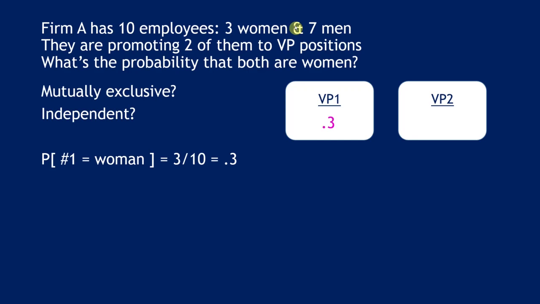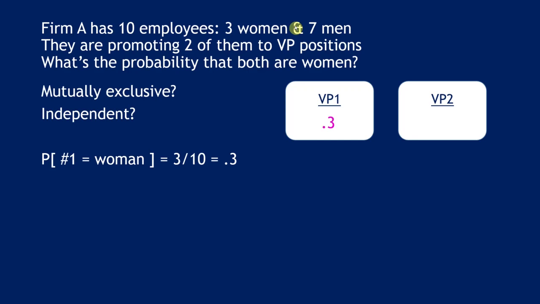However, let's think about the second one. What's the probability that we will get a woman for the second position, given that the first one is already a woman? Well, the probability for the second promotion will actually no longer be 0.3, because the first position takes away 1 woman candidate. So now we only have 2 women candidates available, and the entire pool will only be 9, not 10 employees.